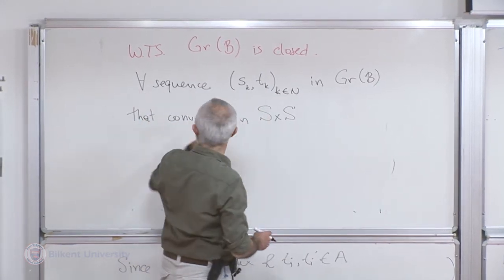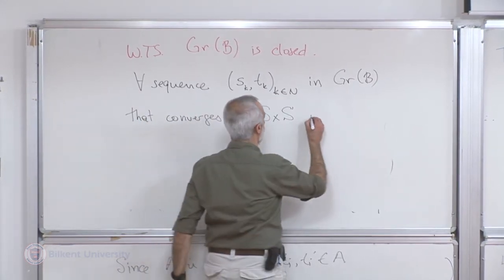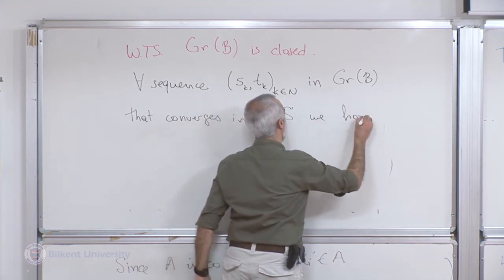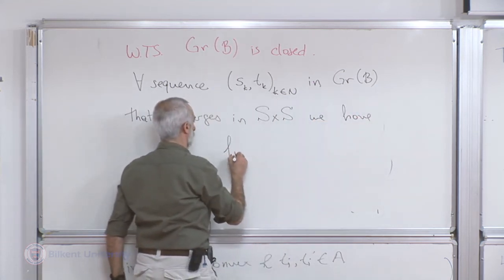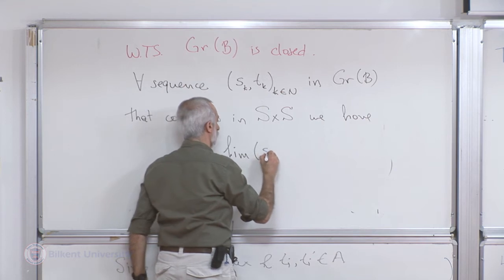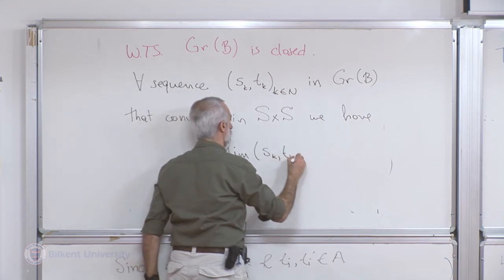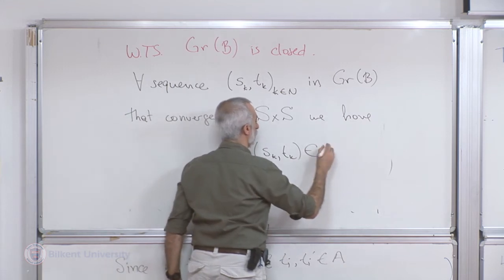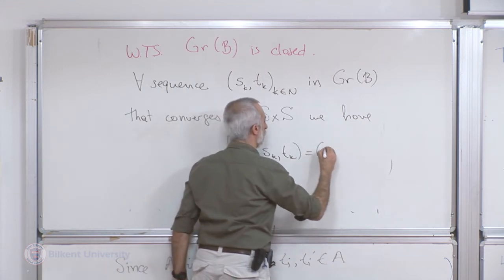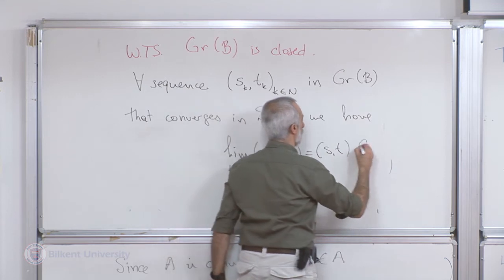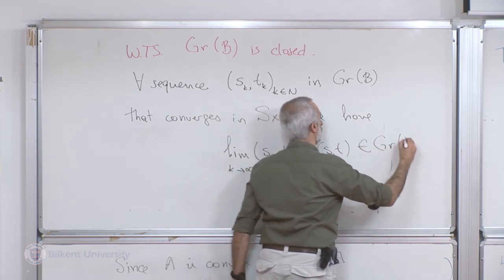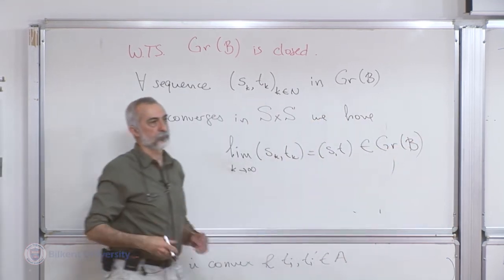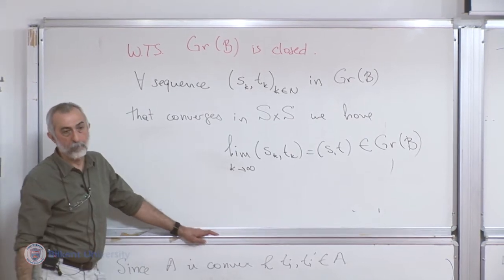If for any sequence that converges in S, we have the limit of sk, tk as k goes to infinity, let's denote that with s, t, is an element of the graph of B.